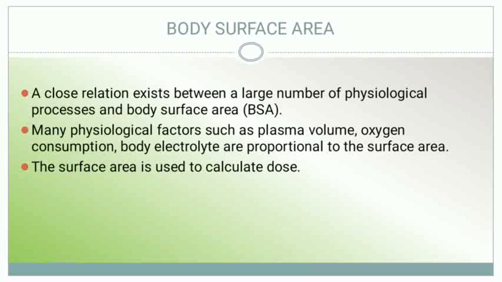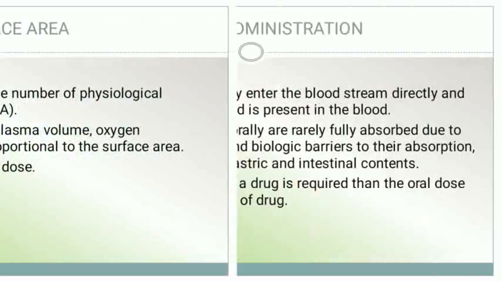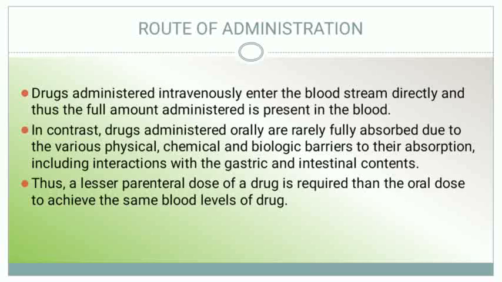The surface area is used to calculate dose. Example, the anti-cancer drug methotrexate is administered in mg per square meter of body surface. The average body surface area of a 70 kg adult is 1.7 to 1.8 square meters. The next factor is route of administration.